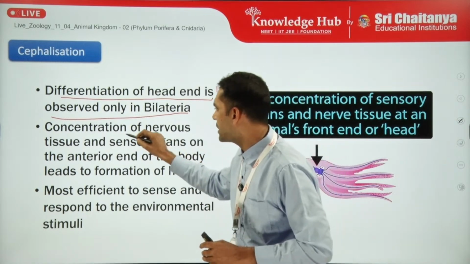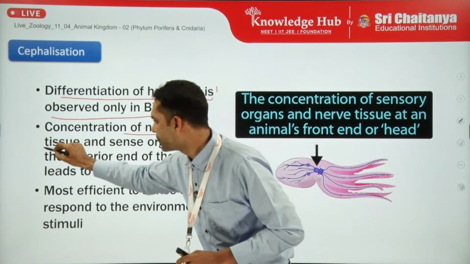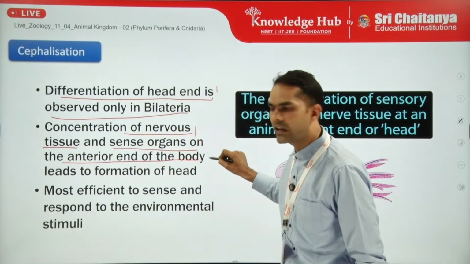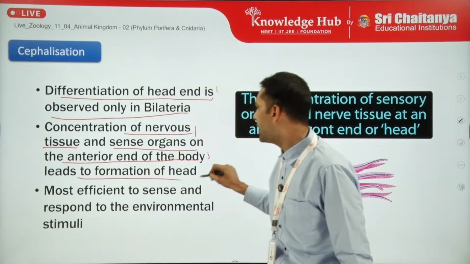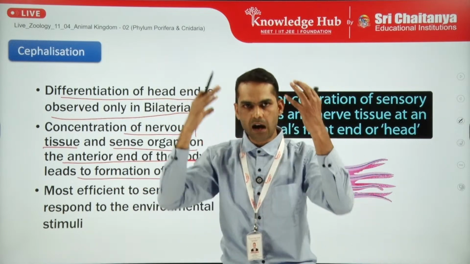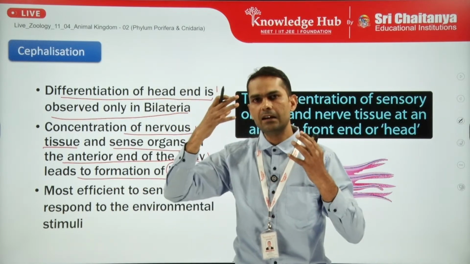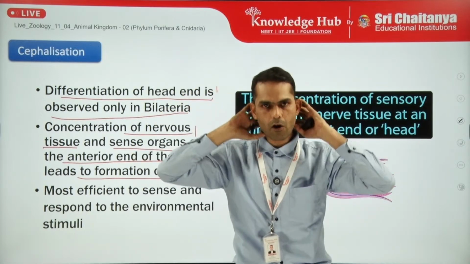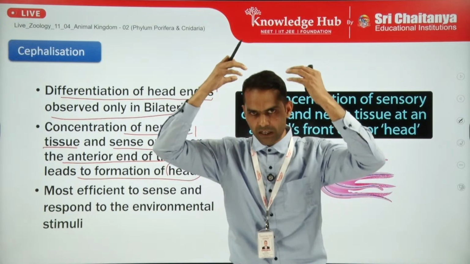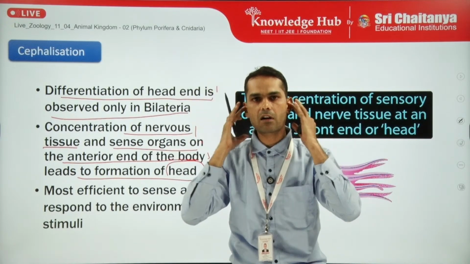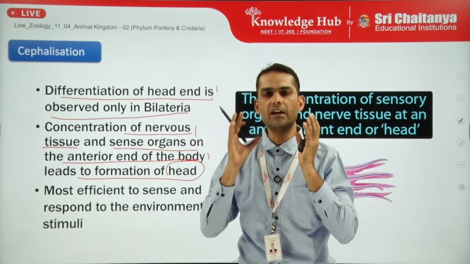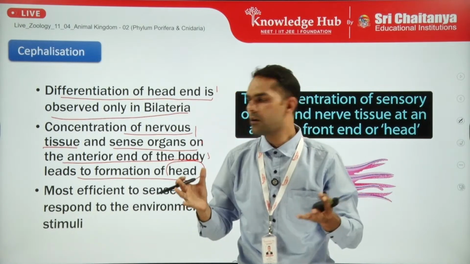The concentration of nervous tissue and sense organs on the anterior end of the body leads to the formation of the head. In our case, in the process of head formation, the brain is developed in the interior part and the sense organs are developed on the exterior part, but all are concentrated towards the anterior part of the body.